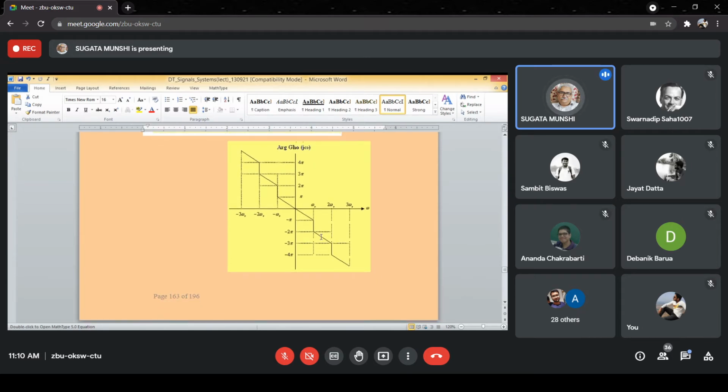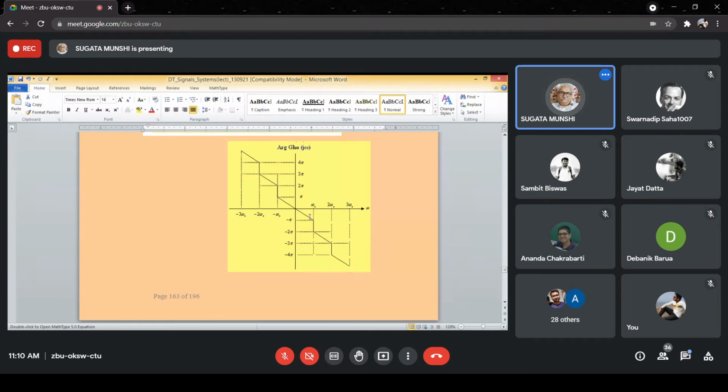Now, this phase response function is not very important in this case. But this is not the plot of the phase response function. It is not unique. Several other possibilities are also there. For example, it could have been also like that.